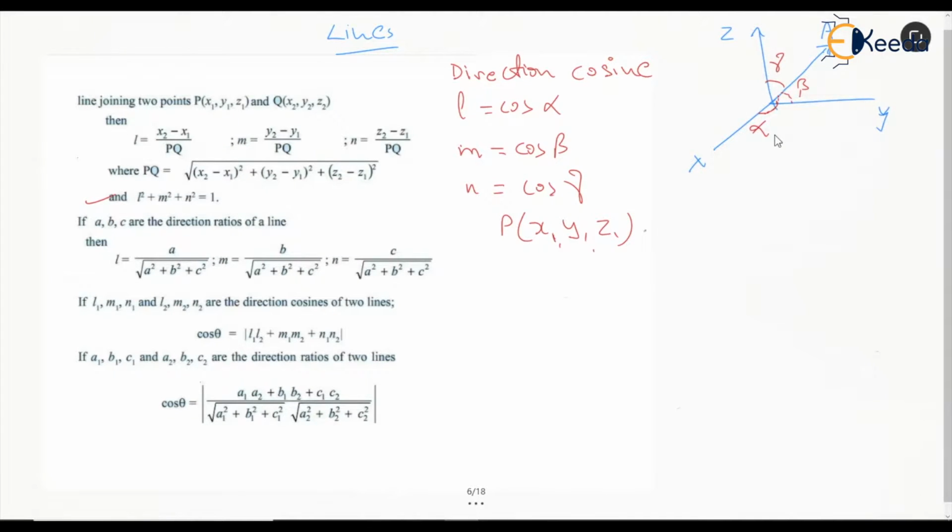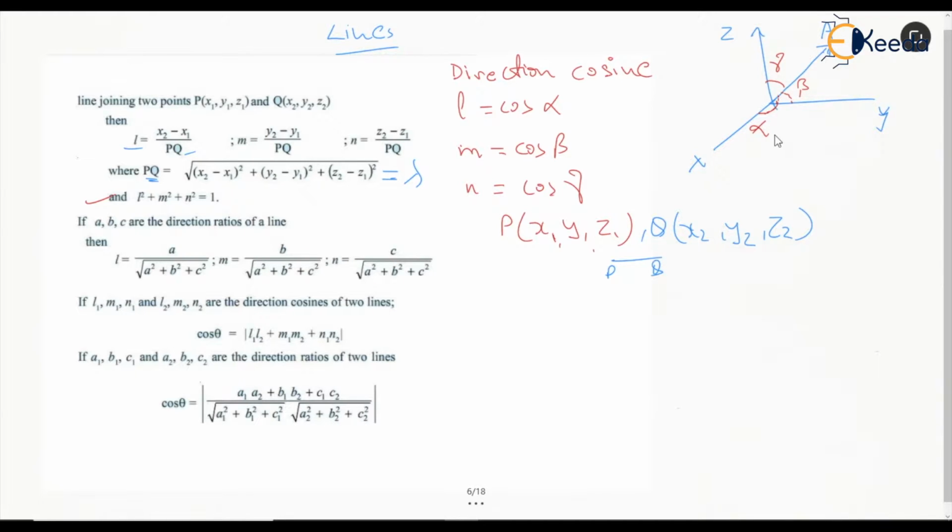and let's say another point is Q with x2, y2 and z2. Then the line joining PQ is going to have the direction cosines L equal to x2 minus x1 by PQ, where PQ is the length of the line, let's say this is lambda.